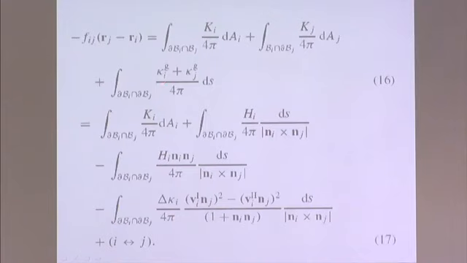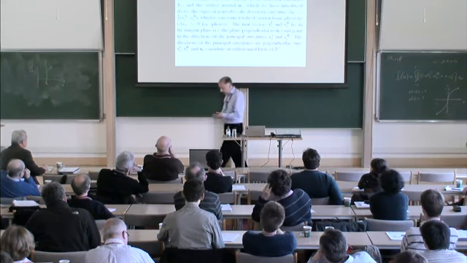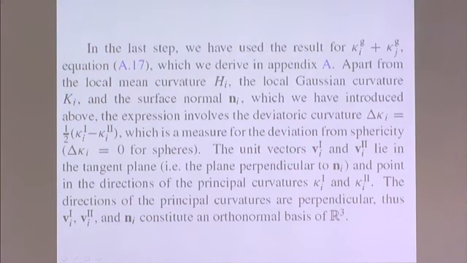And that's where all the hard work comes. It gives this term, and it gives this, where this is a difference between curvatures. That vanishes when you have spheres. So that term, this deviation which vanishes for spheres, they now keep. They do the geometry properly and rewrite that in terms of these weight functions and therefore the densities.